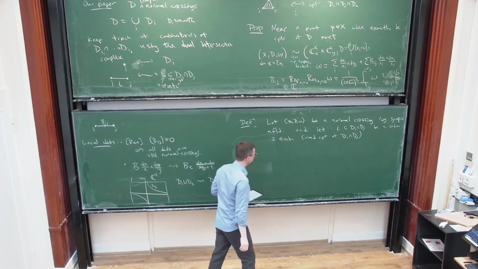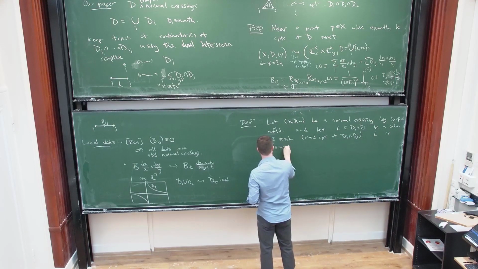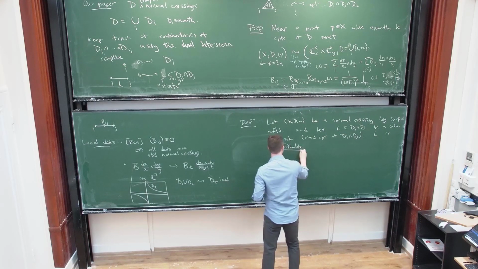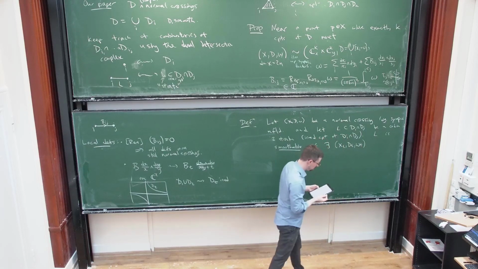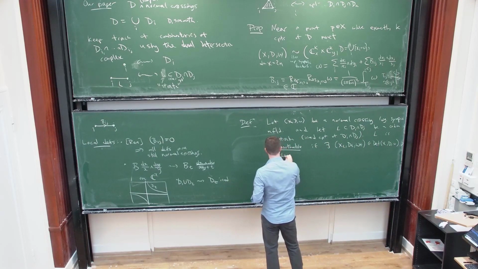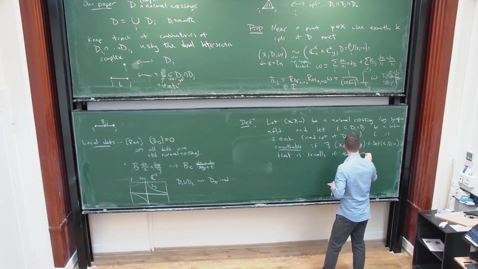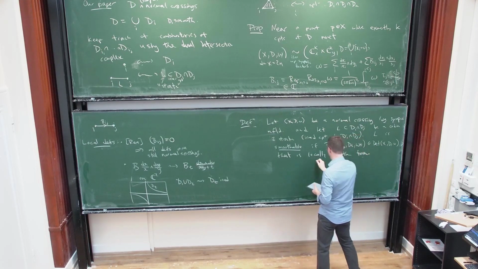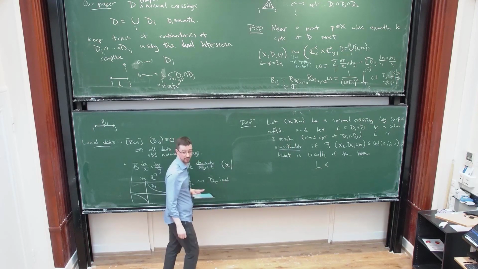We'll say that this stratum is smoothable if there exists a deformation of X, D, and omega, now a global deformation, that is locally of the form, well, I have L, and then in the transverse direction, I have this deformation right here.